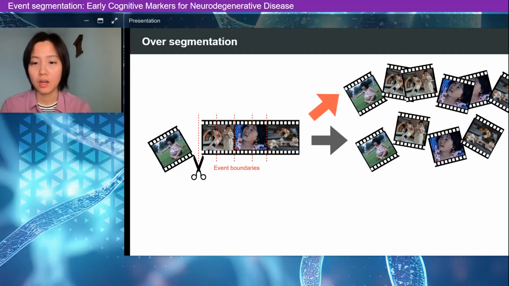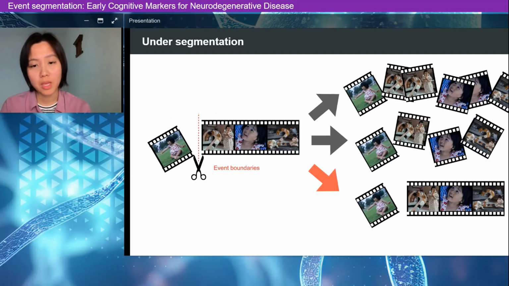In the opposite case, maybe the brain detects too few event boundaries, or in other words, we are under-segmenting our events from our continuous interaction with the world. This will lead to very disorganized memories, often memory interference, and also impair our memory abilities.